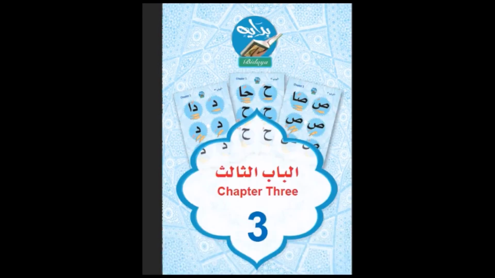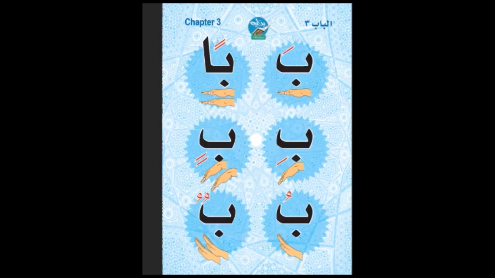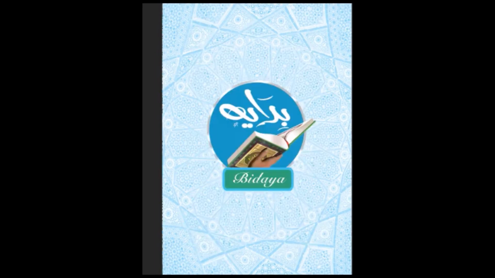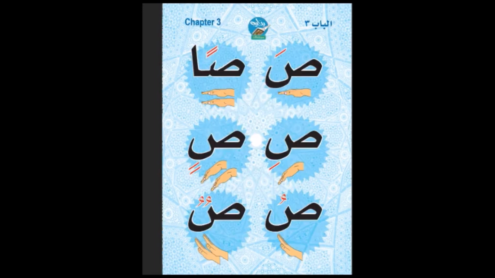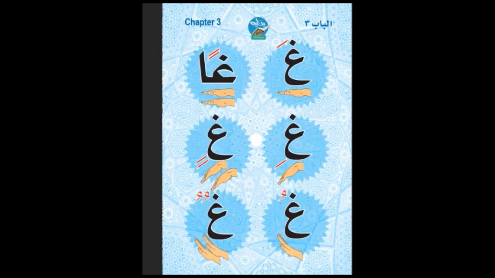And similarly, as we move on to chapter 3 with these flashcards, we use the hand motions and their specific examples of each letter and how it looks with the tanween. And moving on from the beginning of chapter 3, we eventually get into the kasr and the lam. And inshallah, with all of this extra practice and just the act of seeing the letters over and over and practicing and using the hand, the student will have an easier time.